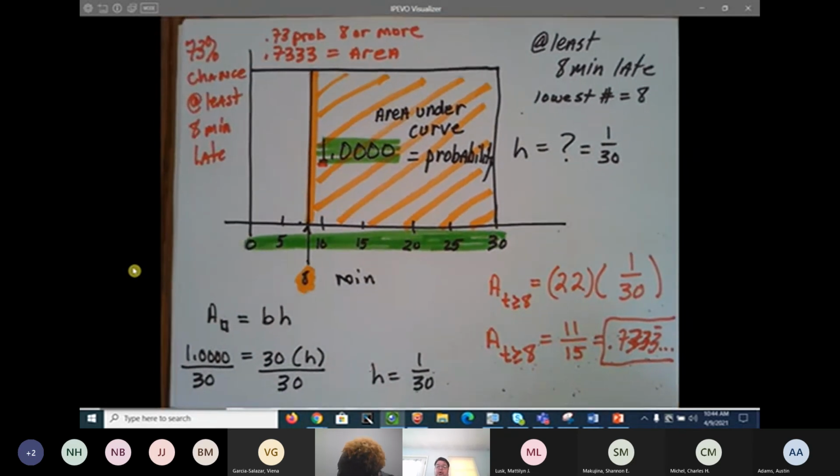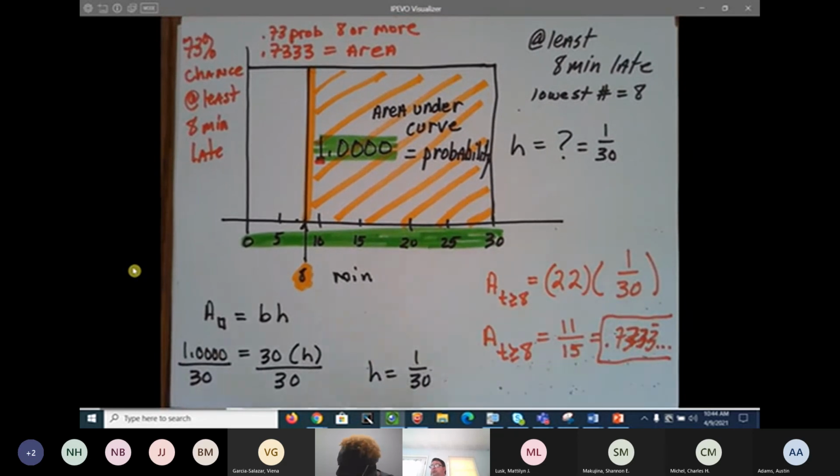All right, now I'm going to put another homework problem on the board, and I want you to do it. Area, what's that? T is greater than 8. That's what the question asks. Time is greater than 8.